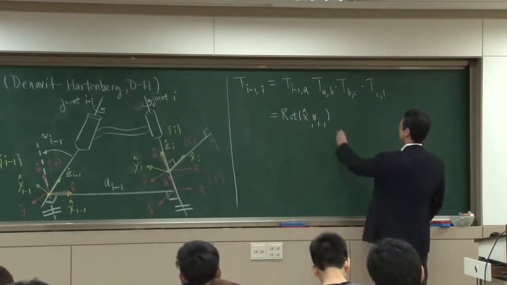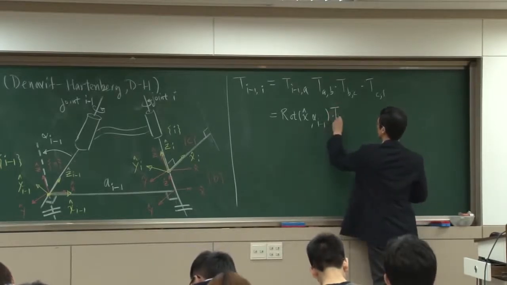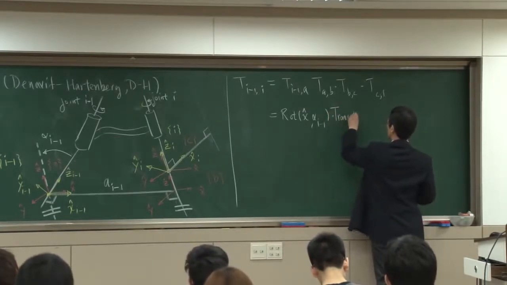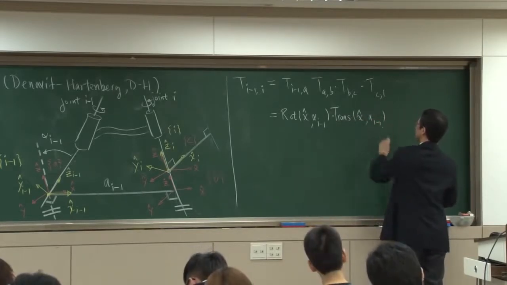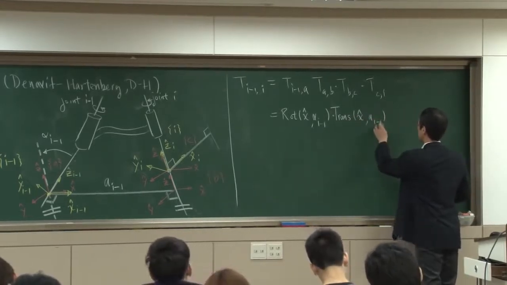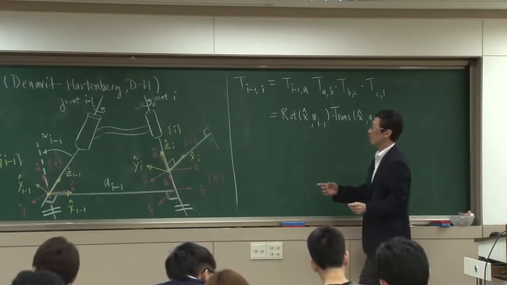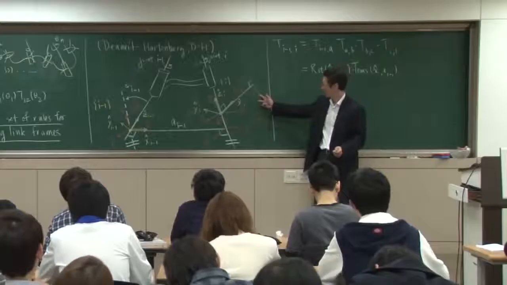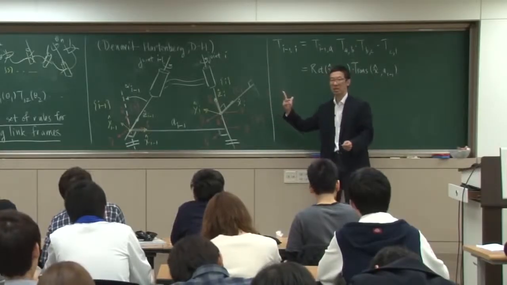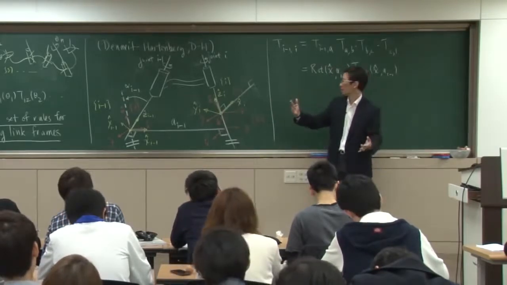So this is a translation in the x direction by distance a sub I minus 1. Next, we want to go from B to C. We're moving in the z direction by some amount.